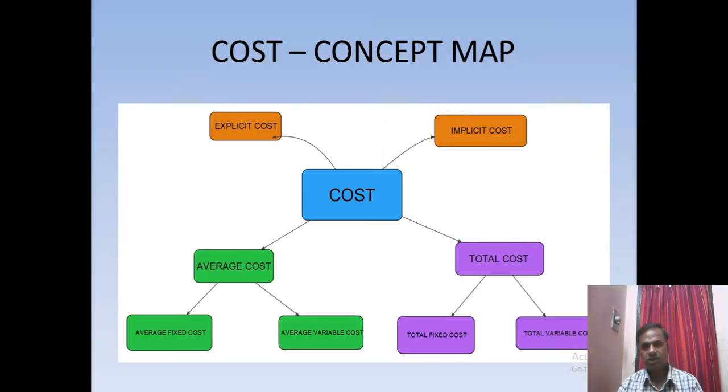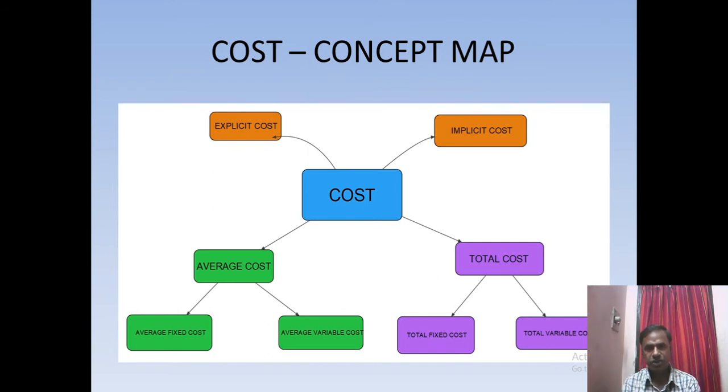This we discussed in the last class. The sum of explicit cost and implicit cost is cost. Explicit cost is the expenditure incurred by the producers to buy or hire the factor inputs.